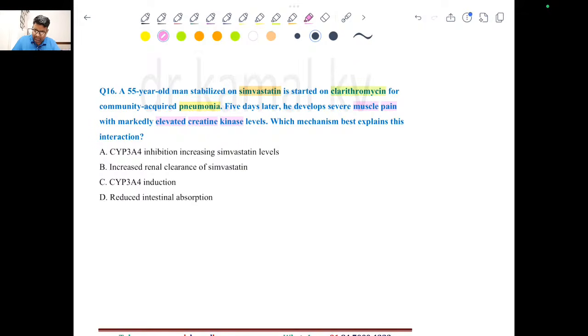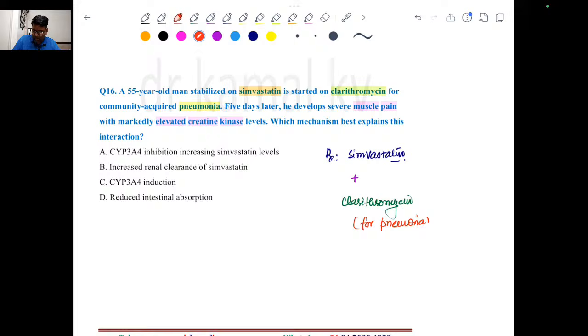Here the person is taking simvastatin, so statins. Along with this, he was started on clarithromycin for community acquired pneumonia. Now, after this, what happened? There is severe muscle pain and raised creatine kinase levels.